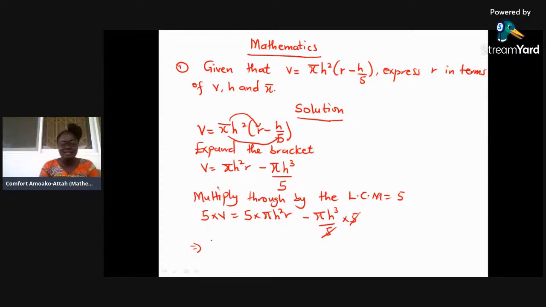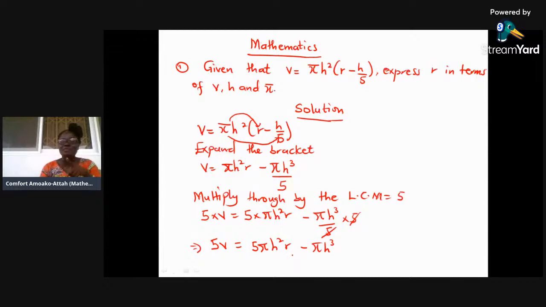This gives us 5V is equal to 5 pi h squared r minus pi h cubed. Since our equation is linear, we can easily solve it.